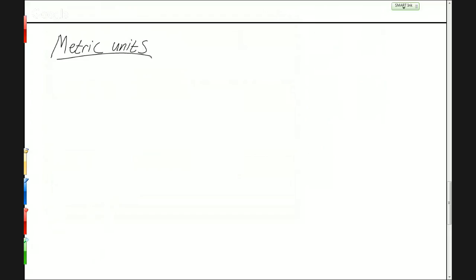There's a few that you definitely need to know for this class in terms of the conversions. So let's say we're talking about a meter. That symbol is M. Do you have a meter stick here? Yeah. So this is 1 meter.